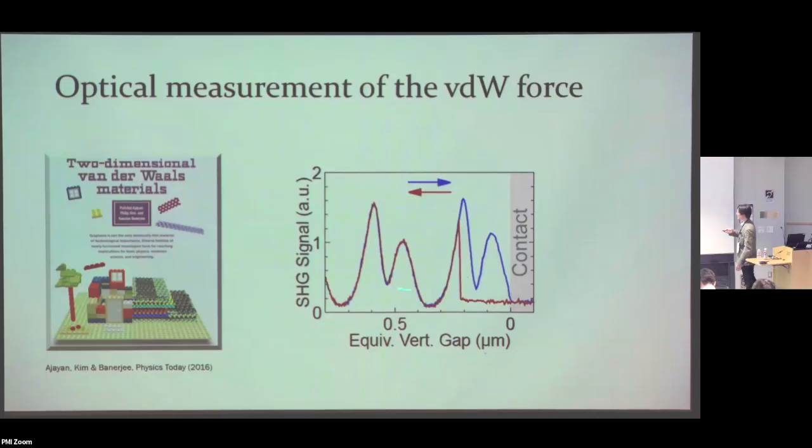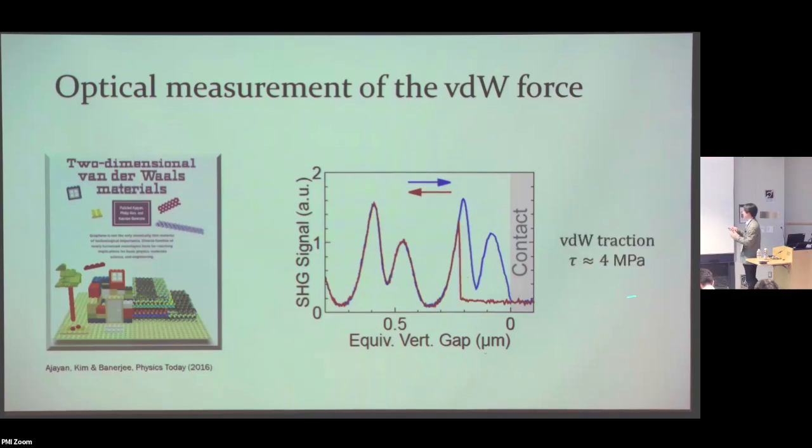And we monitor the optical signal, and you can see that there is a significant hysteresis. That's because once the two interfaces touch, if you want to pull it up, you have to apply some extra force because the interface is pulling it down. So from the size of this hysteresis, you can estimate the force that is bonding them together.